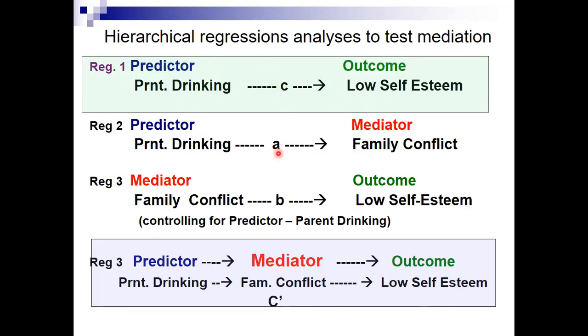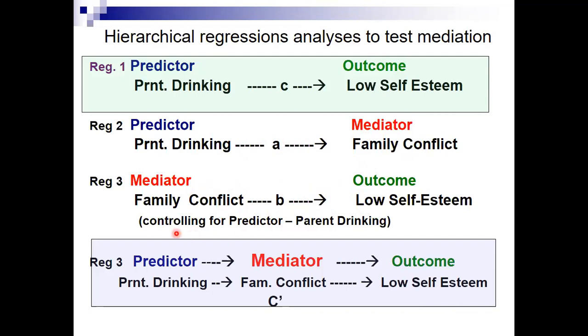The second regression, you have X on M, that's the mediator. That's the A hypothesis or A direction. That would be your second regression. And then the third regression will be your mediator to your outcome, okay? That's part B, all right?